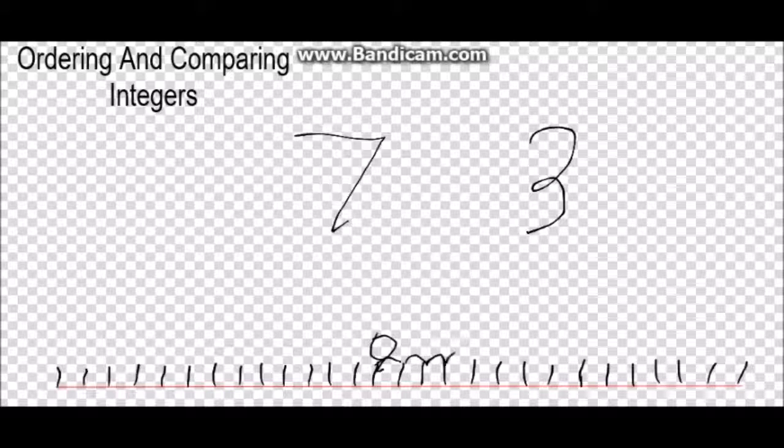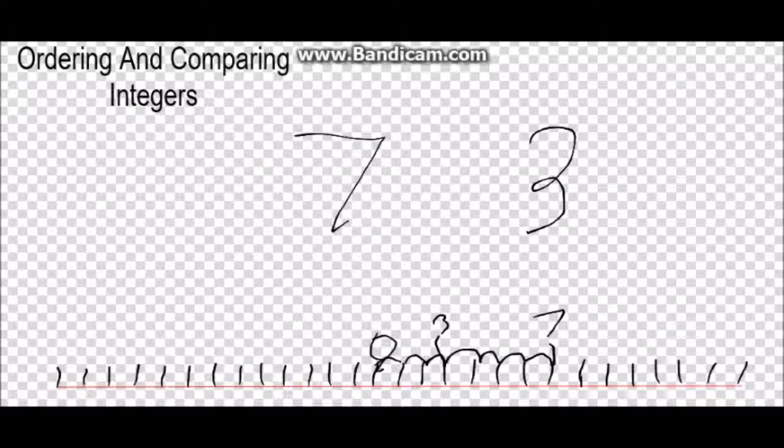So 1, 2, 3, 4, 5, 6, 7, and then 3 is just right here. It's still on the positive side. Now the absolute value, since they're both on the same side, 7 would be 7 and 3 would be 3. So 7 would have a greater absolute value and 3 would be less.